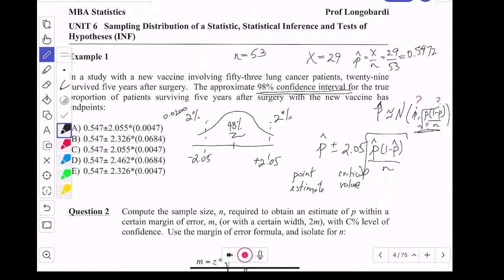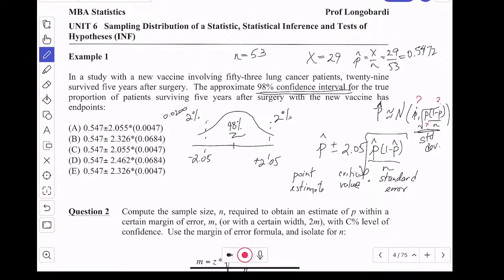And then I need to multiply by the standard deviation, but we give this a special name because we have put an estimate inside of our estimate. Since we're estimating the standard deviation, we use an estimate inside. So we have a different name for this. It is the standard deviation of p hat, but we call it the standard error.